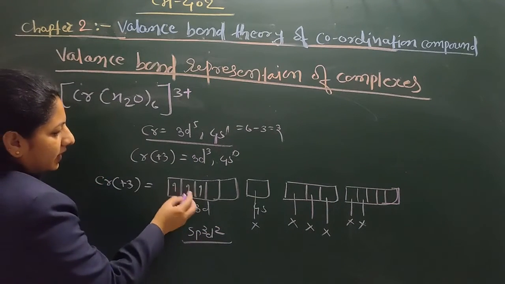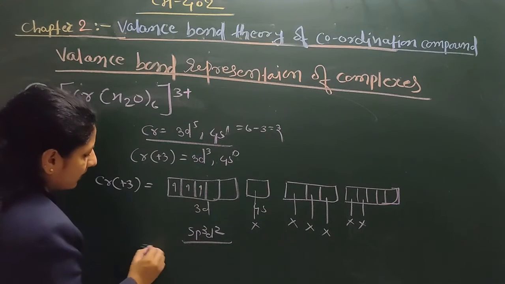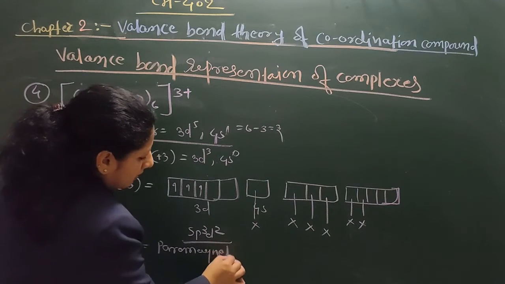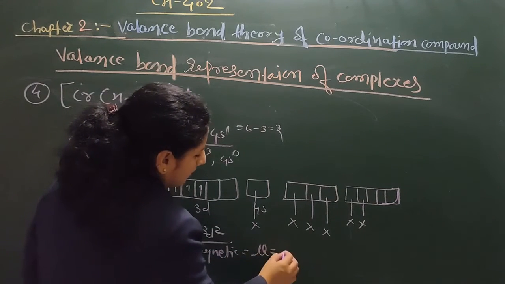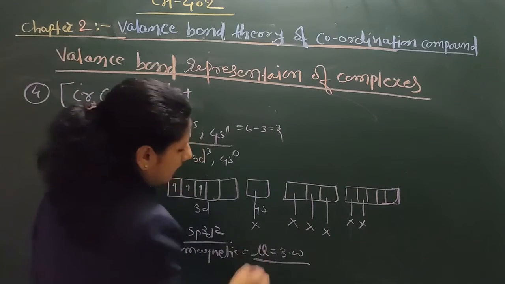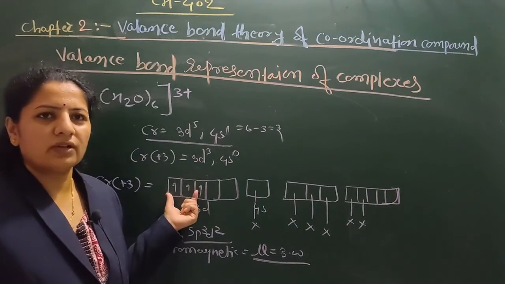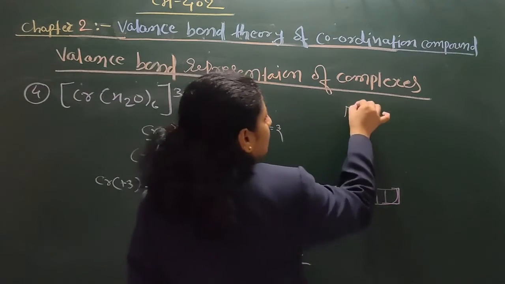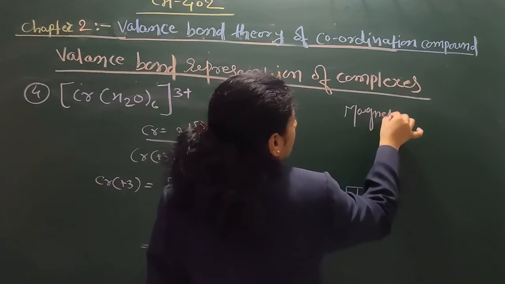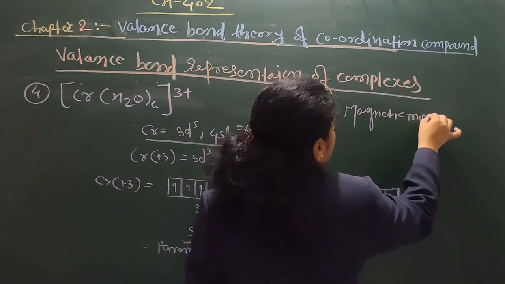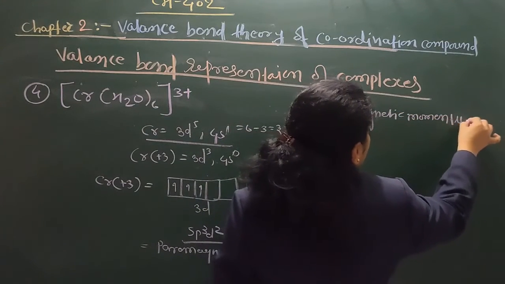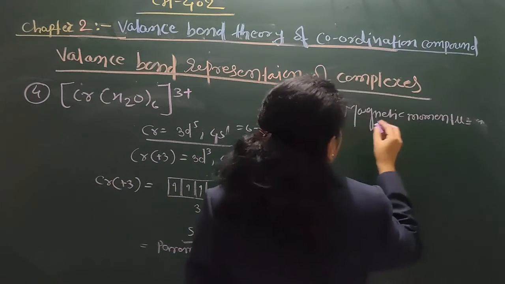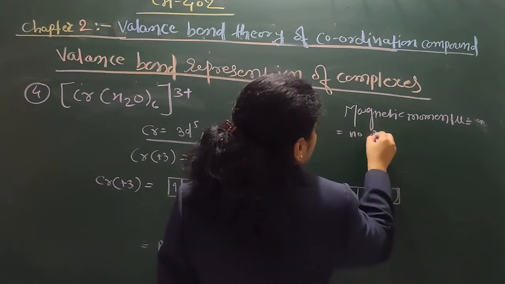The number of unpaired electrons, can you see here, is 1, 2, 3, three unpaired electrons. So it is a paramagnetic one. Mu is 3 point something, because the magnetic moment depends on the number of unpaired electrons.